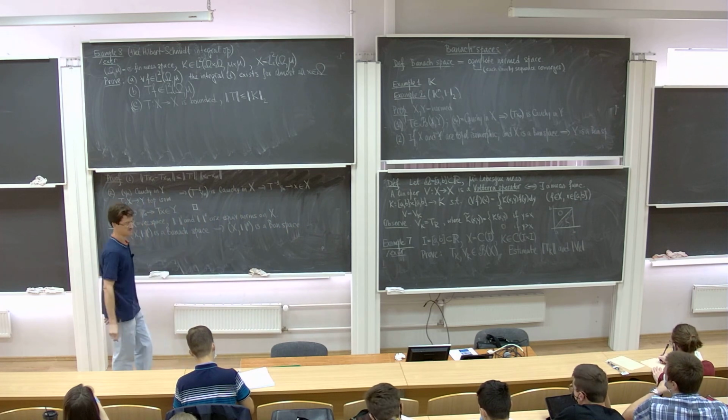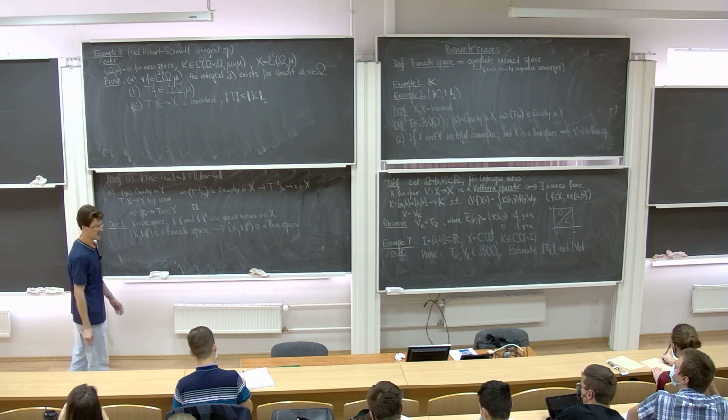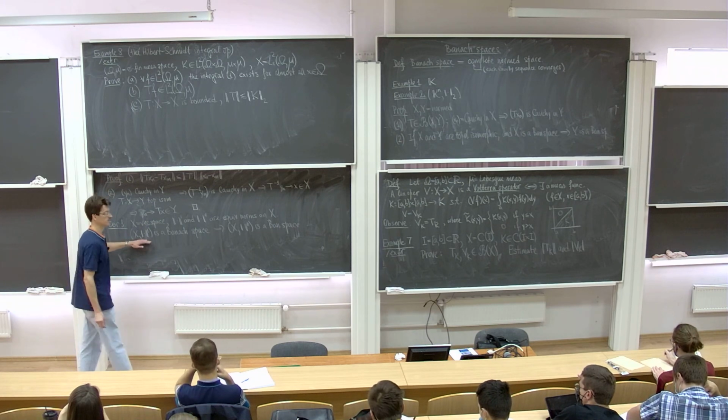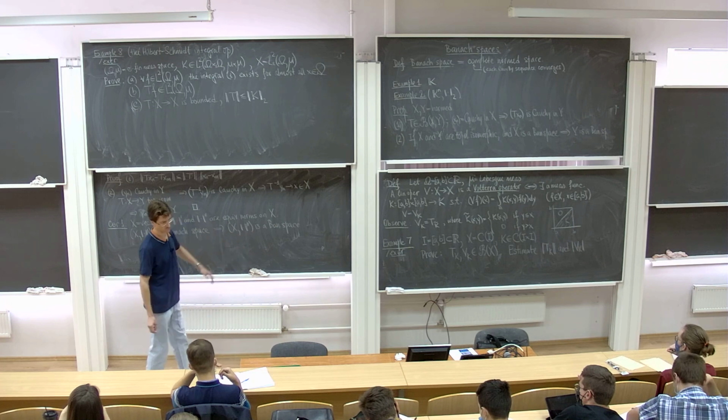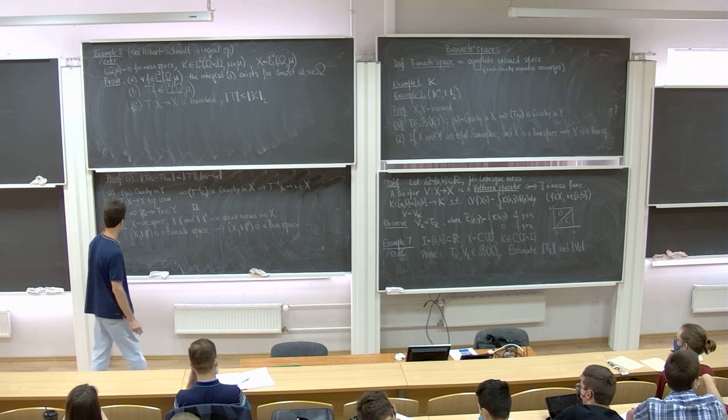This is immediate from the previous proposition because, since the norms are equivalent, the identity map from here to here is a topological isomorphism. And so the completeness is preserved.